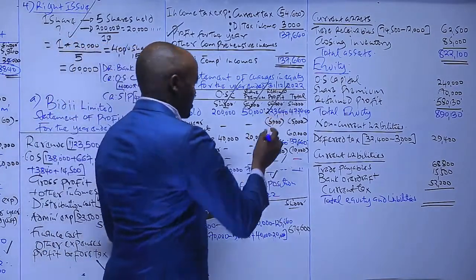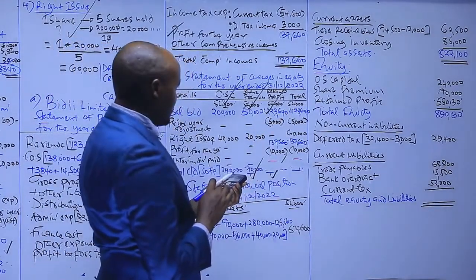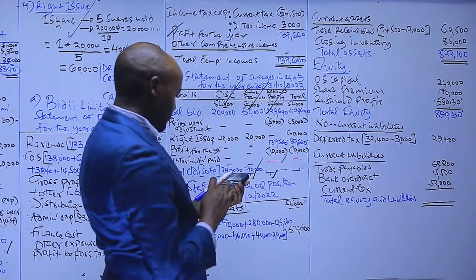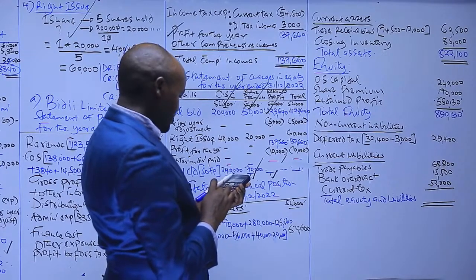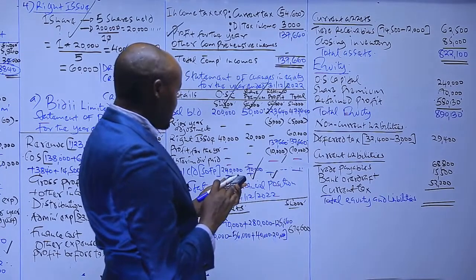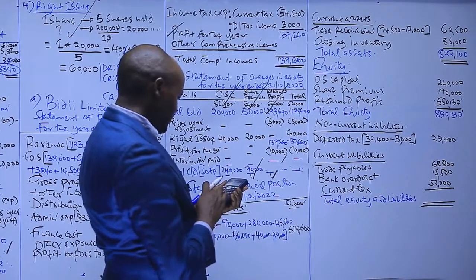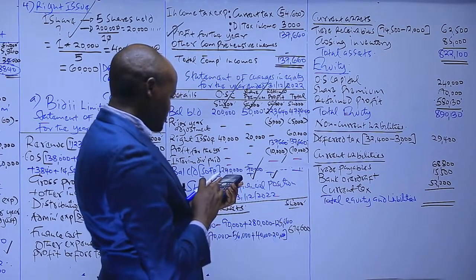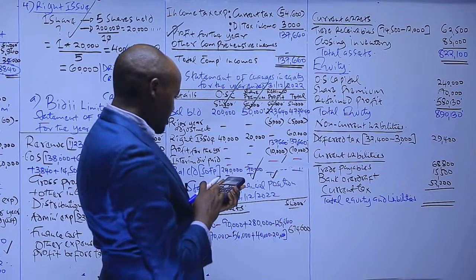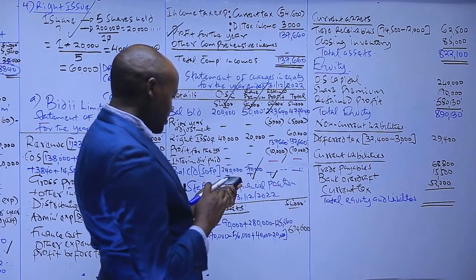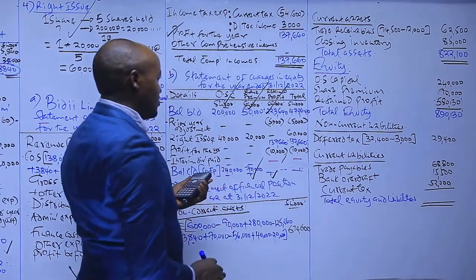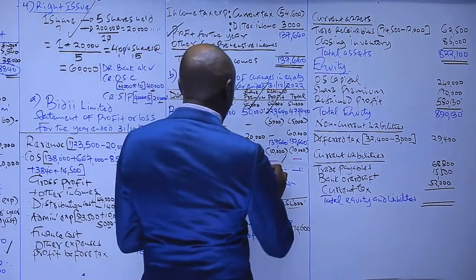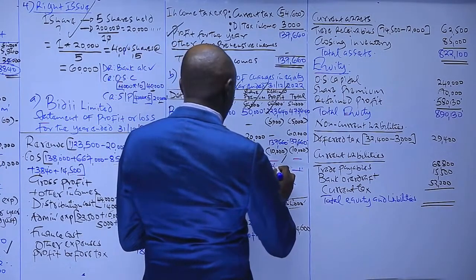So we take the opening balance here, 223,640, minus 5,000, which was the prior year adjustment, plus the profit for the year 137,660, minus the interim dividends which were paid of 10,000. So that will give us a figure of 346,300.